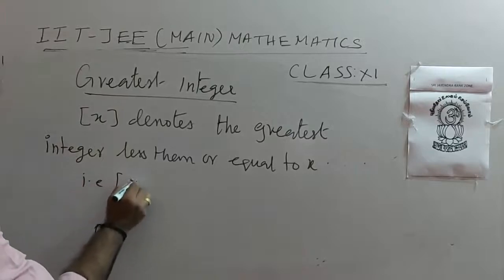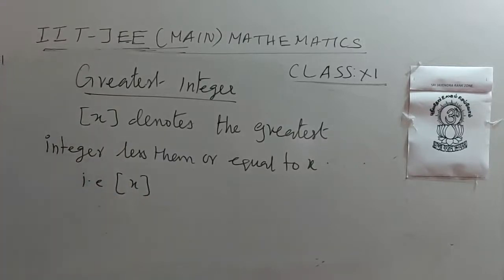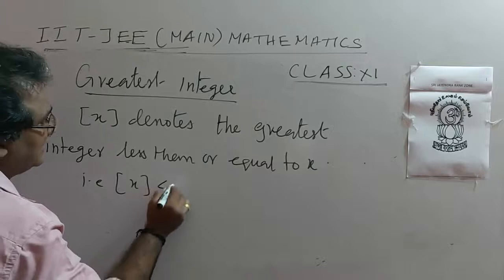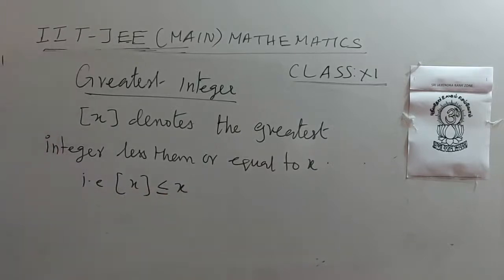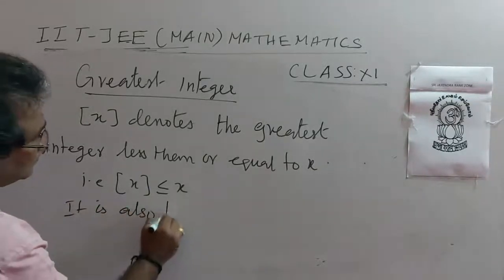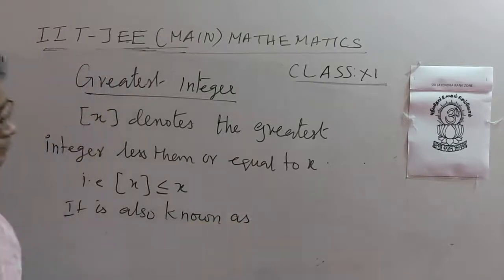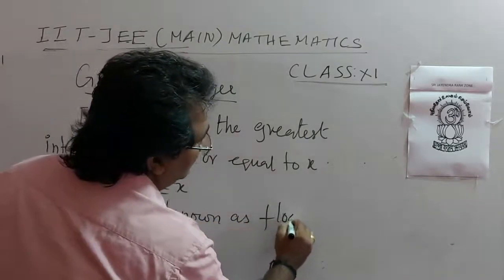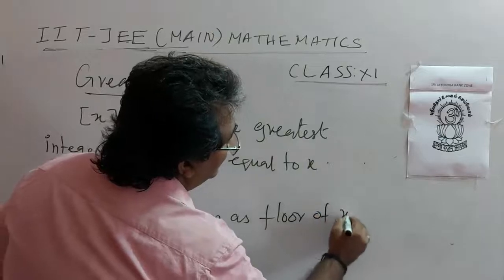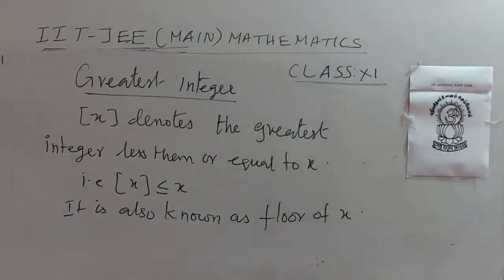That is, the greatest integer function of x is less than or equal to x. It is also known as the floor of x.